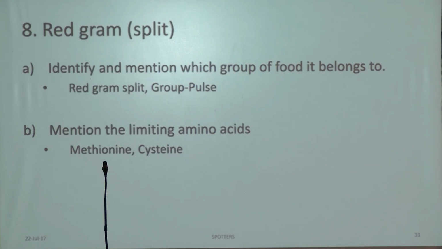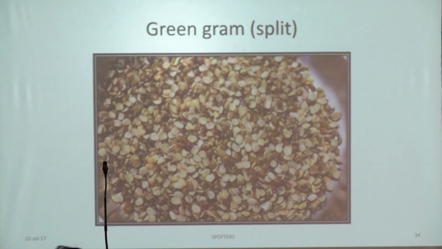That is why khichdi or hodgepodge, what we know, is known as complementary action. Then, green gram. What do we know this as?